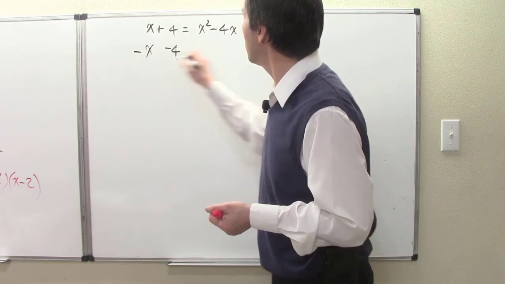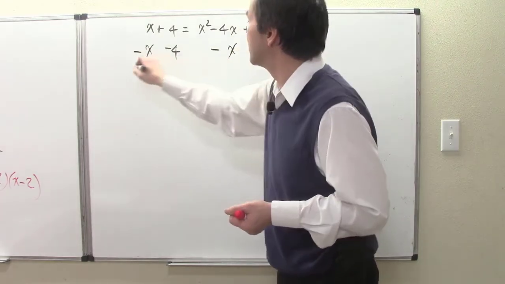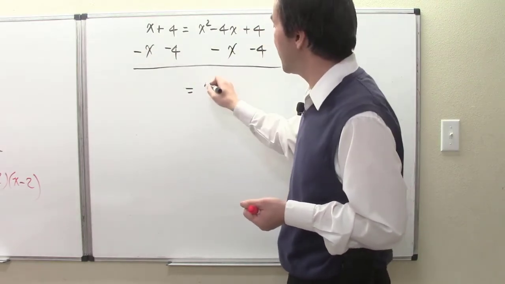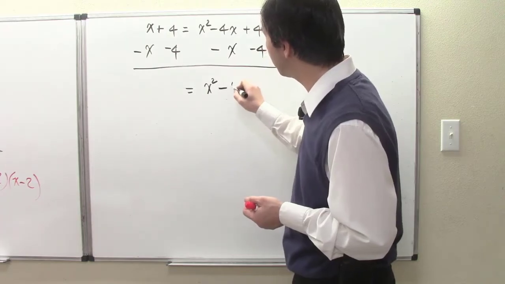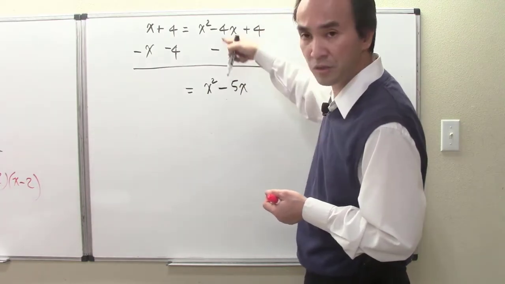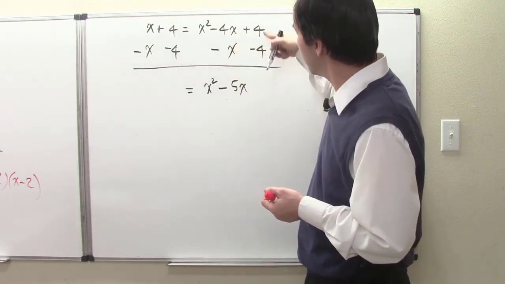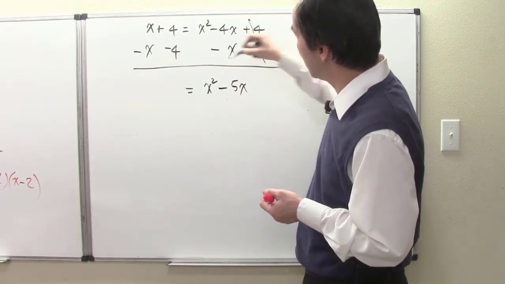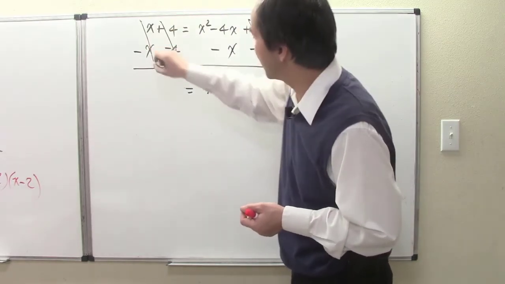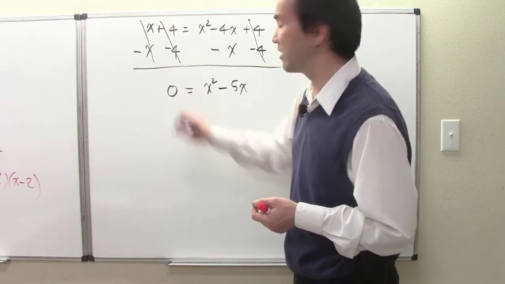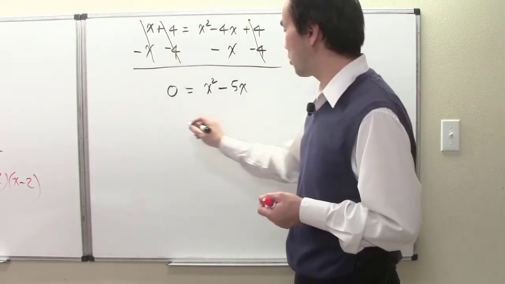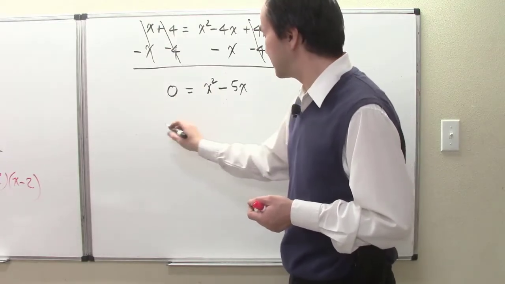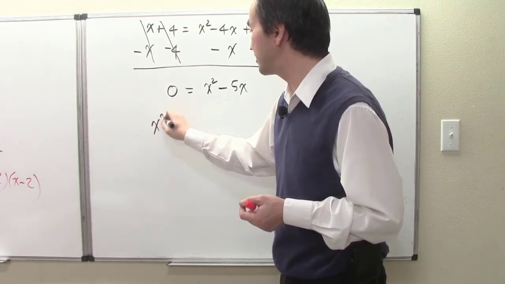Minus x from both sides. My resulting equation here is x squared minus 5x, because these two terms are combined. 4 and minus 4 cancel out, and those cancel out. So that equals 0.